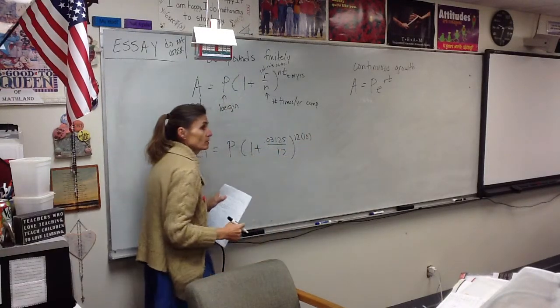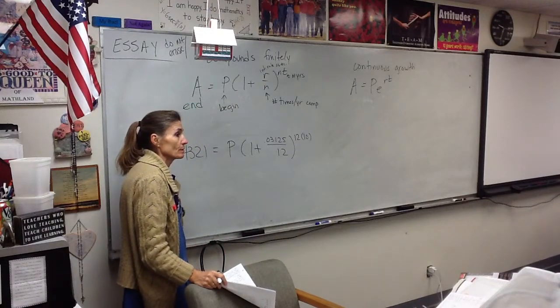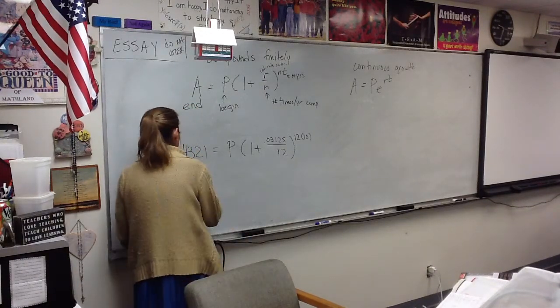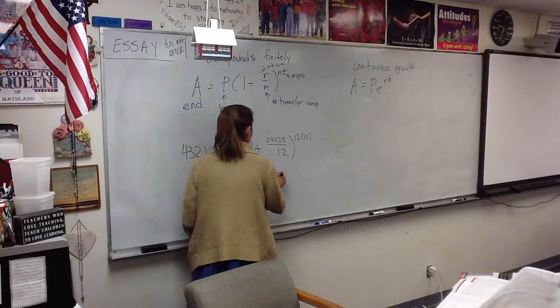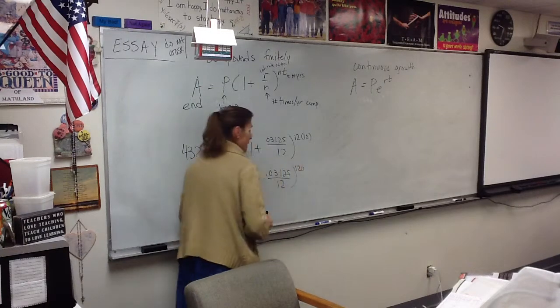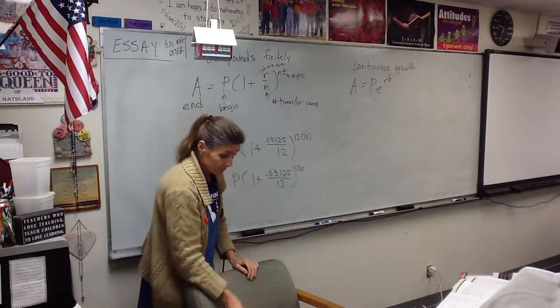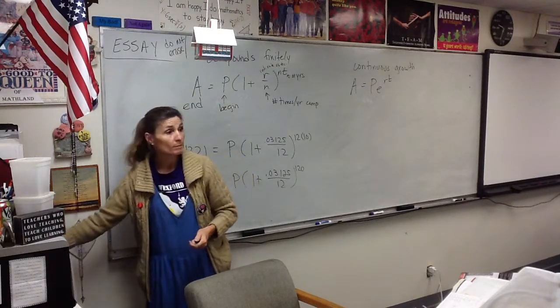How does that formula look to everybody? Did I get all the numbers in the right spots? So 4321 equals P times this thing to the 120th power.